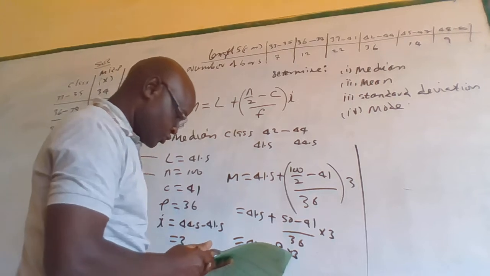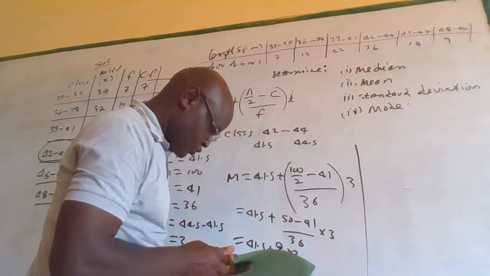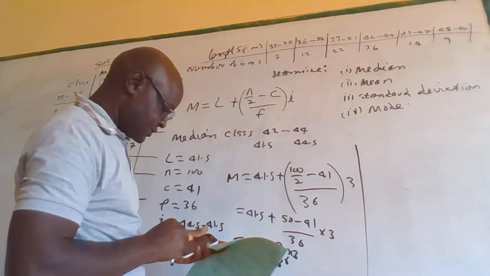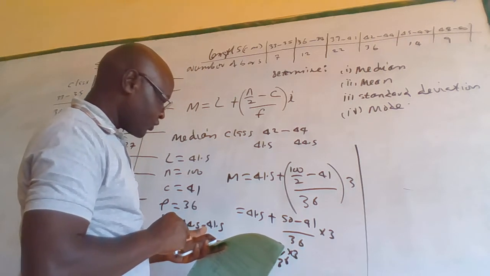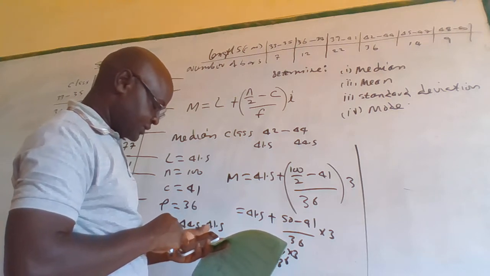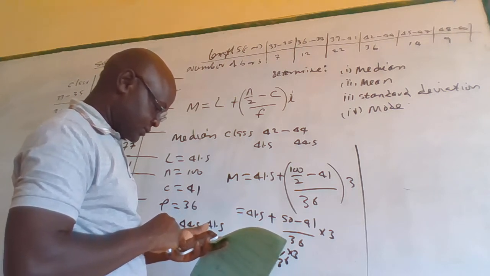So here we can calculate that: 9 divided by 36 times 3 is 0.75.